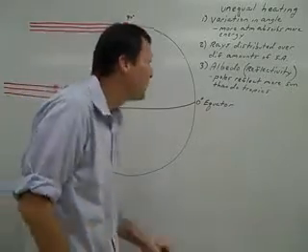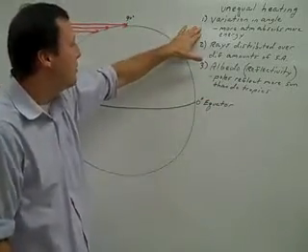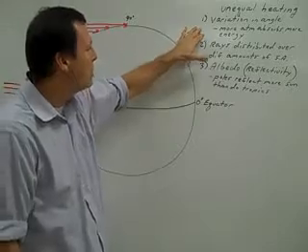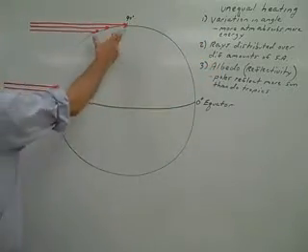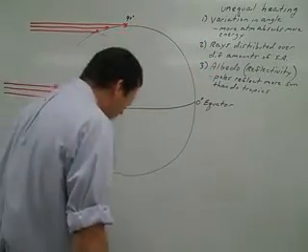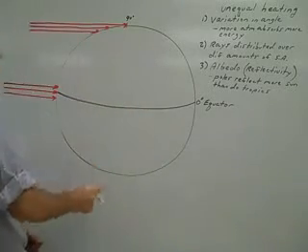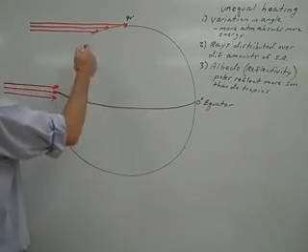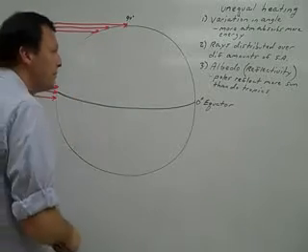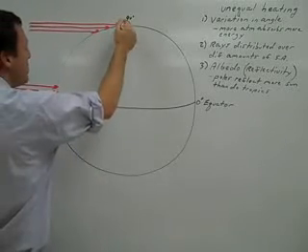Now let's take a look at the first reason here. 1, variation in angle. All right? So you can see that there's a difference in angle here. And what's going to happen here is we have the Earth's atmosphere.